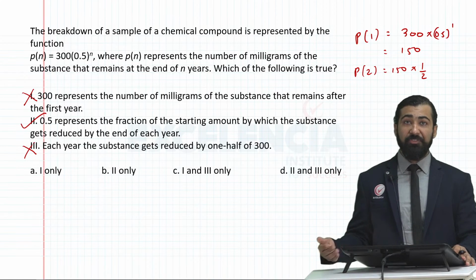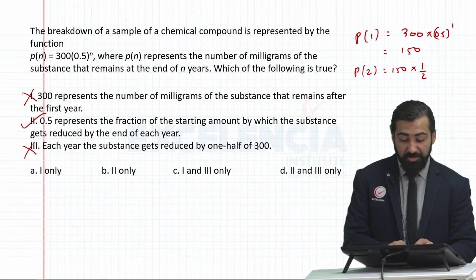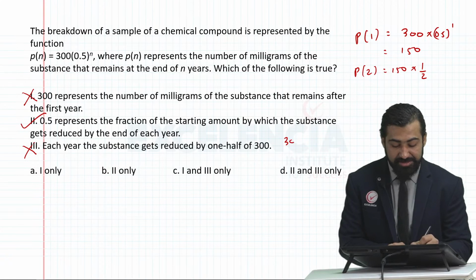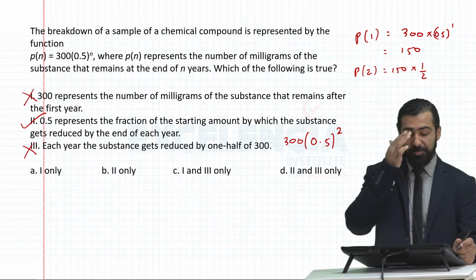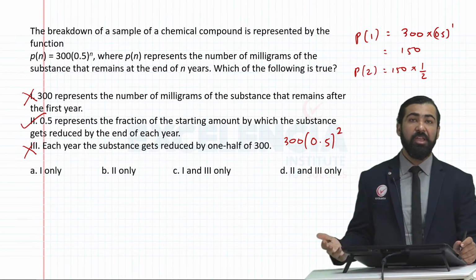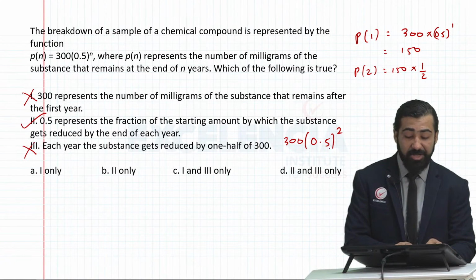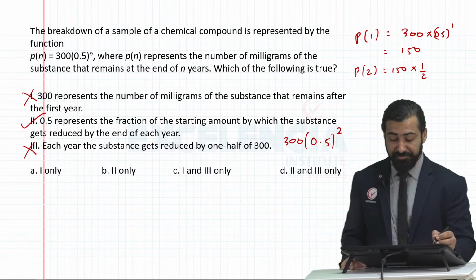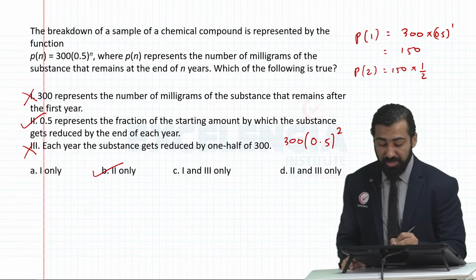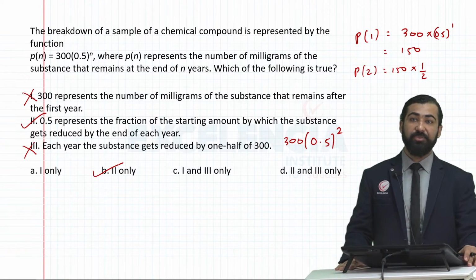If each year we were starting with this, for the second year we would have 0.5 to the power 2. So not each year are we reducing by 1/2 of 300, because in second year we reduce by 1/4 of 300. So option 2 is the only correct one.